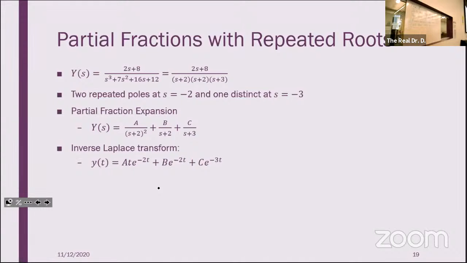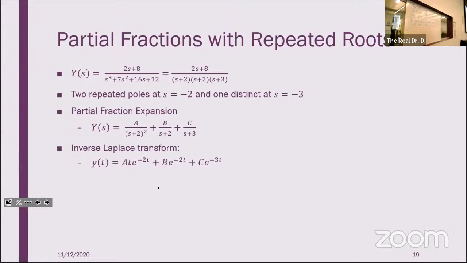Again, the idea here is that we will get our partial fractions and be able to break them down because it's a linear system. The combined response of our system has to be the addition of all of the root responses together. The process is always the same. We take the Laplace transform of our function.